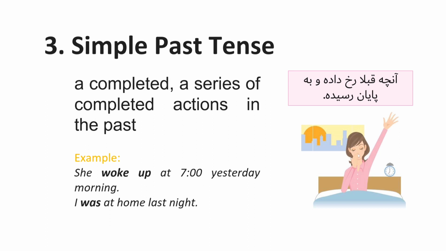For example, she woke up at 7 yesterday morning. Or I was at home last night. Was is the past form of am.